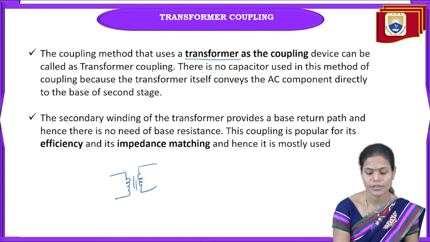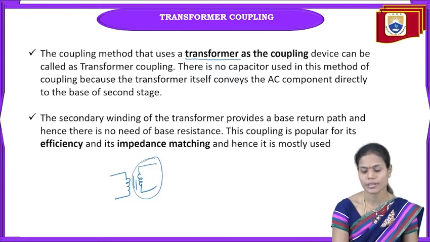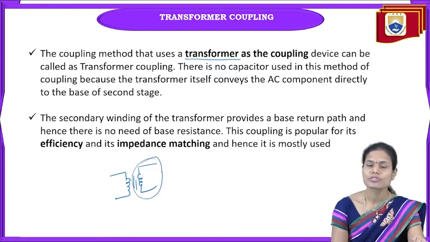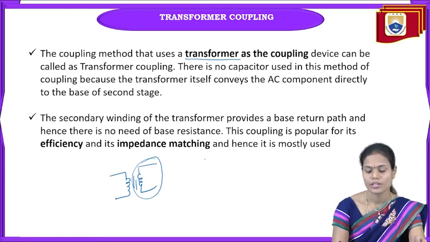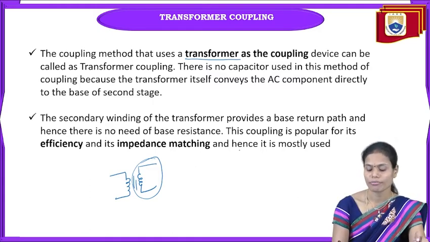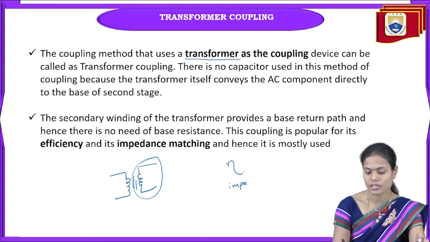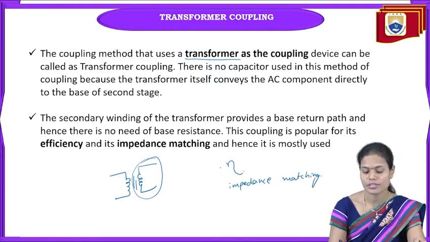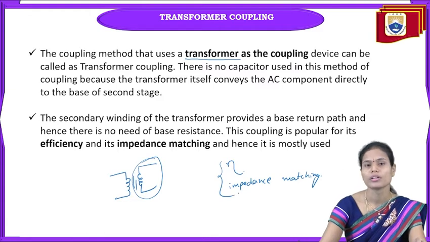The secondary winding provides the base return path, so there is no need for any base resistance in the next stage. This coupling is very popular because it provides high efficiency as well as impedance matching between the stages. Because of these two reasons, transformer coupling is also very useful in the multi-stage amplifier.